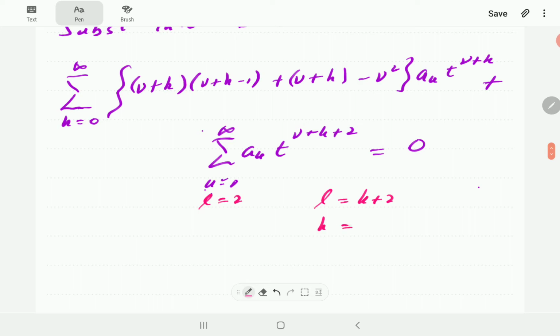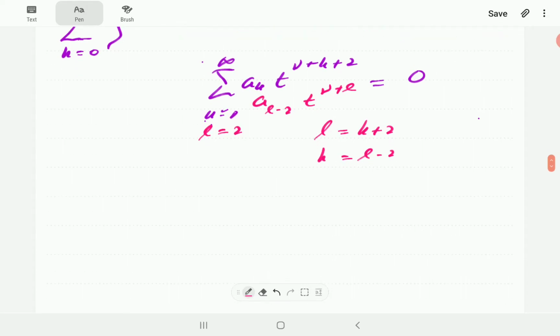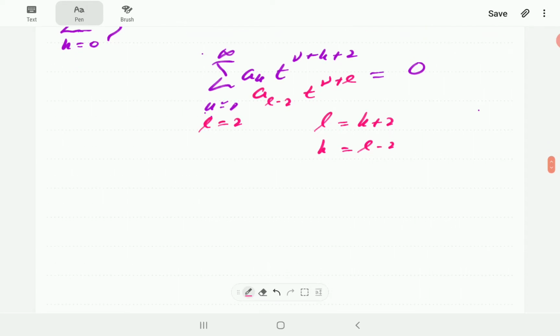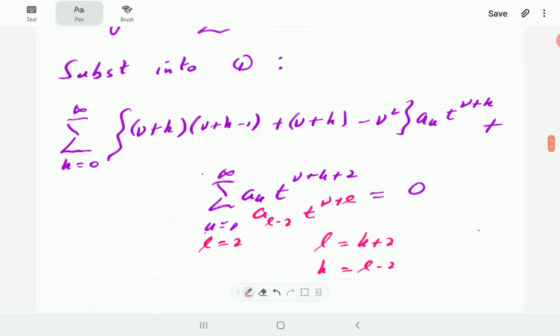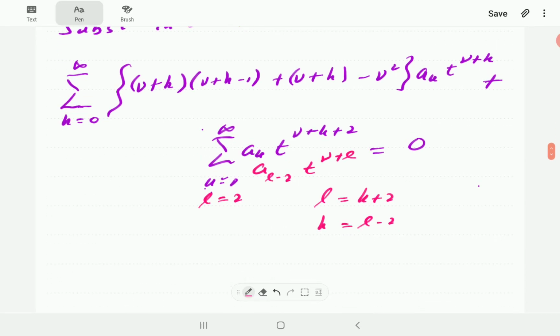Then k is L minus 2, so it's going to be a_(L minus 2) times t to the power nu plus L. Okay, but L is a dummy variable, so that means we can simply replace it by k again. So when we do that, our equation is going to look as follows.